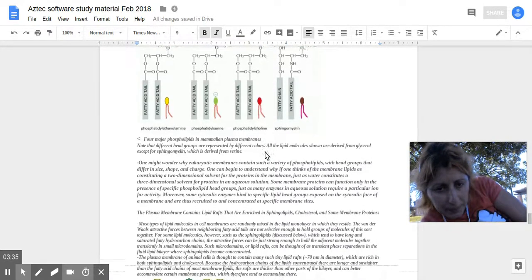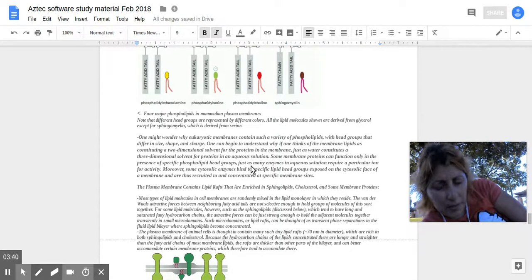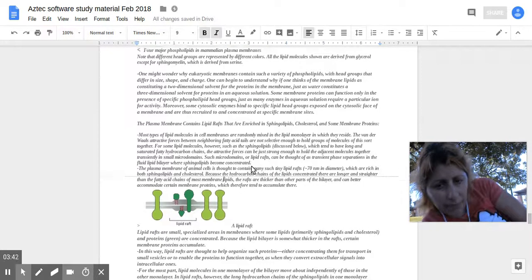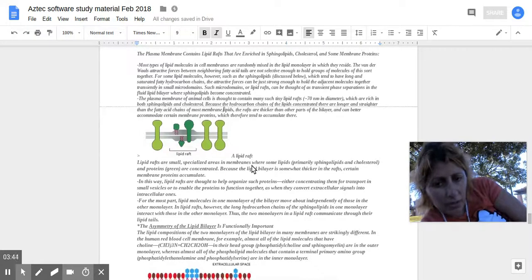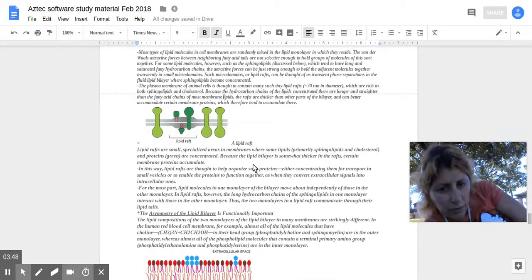So the head groups determine specificity of the membrane, its various functions, and attracting different proteins and enzymes for different functions.